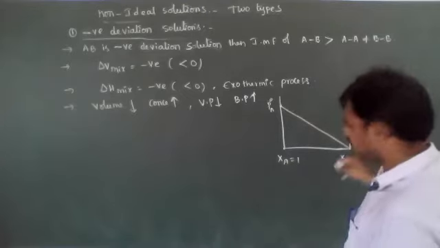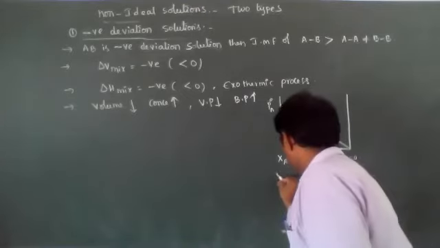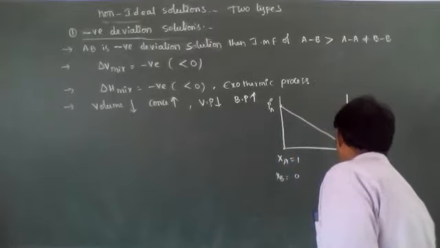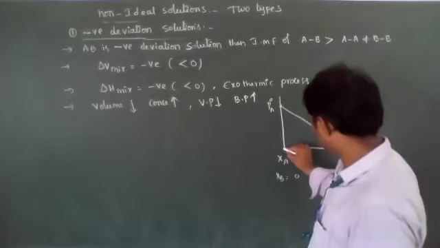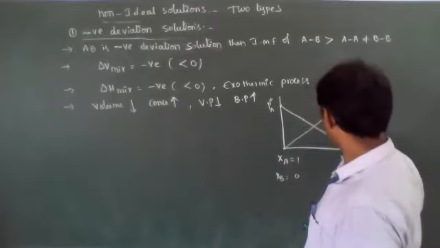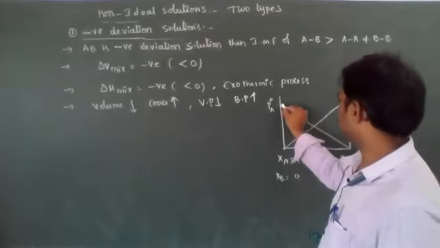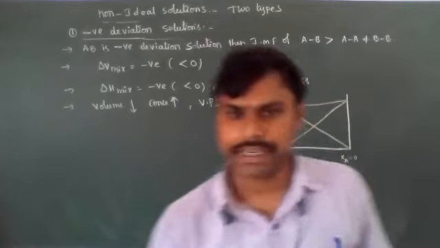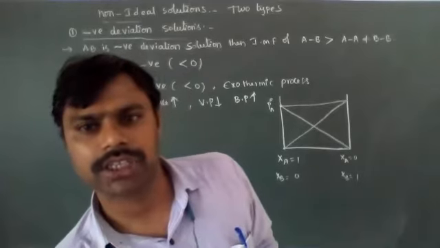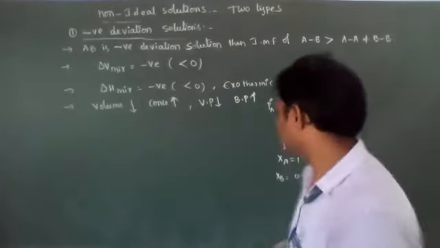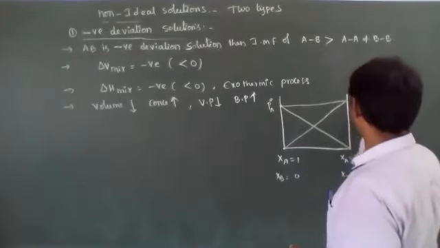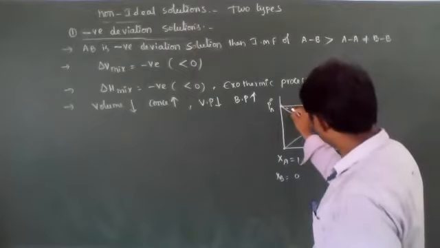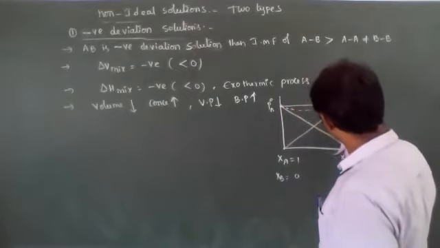When it is in the ideal state, the graph comes like that. Here XB is equal to 0, and there XB is equal to 1. As the mole fraction of XB increases, it goes gradually like this. In the ideal state, the line gives the total vapor pressure. But if it is a negative deviation solution, the volume decreases, so the resultant vapor pressure decreases. The resultant vapor pressure will come like this.